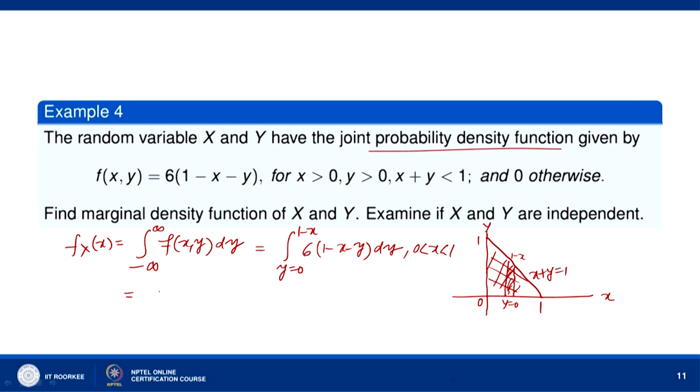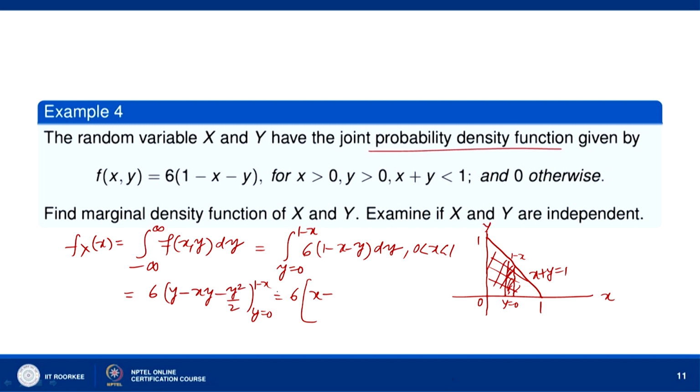So, this is equal to 6 times (x minus x square by 2 minus xy) and when we put the limits y equal to 0 to y equal to 1 minus x, what we get is 6 times x minus, we are integrating with respect to y, so we should write here y minus x into y minus y square by 2.